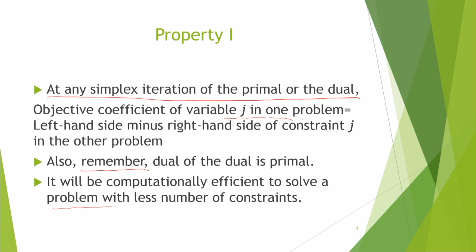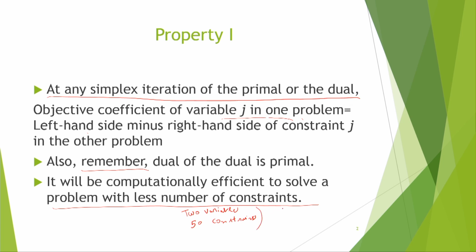Suppose I have a problem with only 2 variables in the primal, but there are 50 constraints. So, if we have 50 constraints, that means so many lines will be there. In the simplex table, you will get 50 rows and you have 2 variables. So, you have to do a lot of computations, but you can make a dual of it.